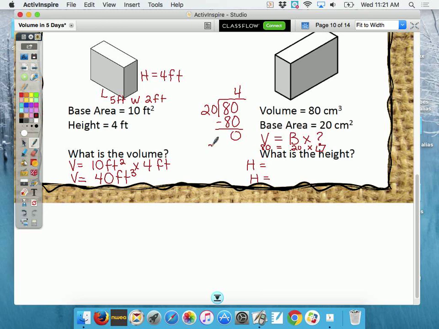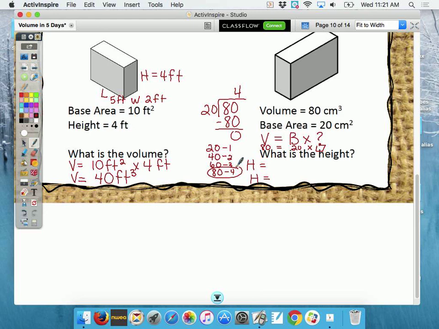So I would start with 20 and go 20, 40, 60, 80. 1, 2, 3, 4. What's my answer? 4. So that's repeated addition. This is long division. They're both going to give you the same answer.